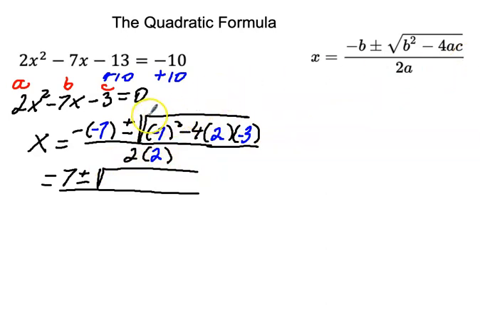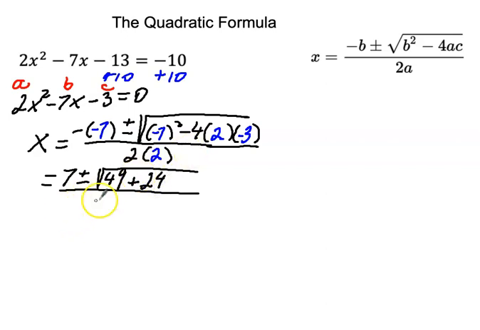Sometimes students just write the square root over here in this section, but then don't write it over here. So the whole discriminant is under the square root. Negative 7 squared is 49, and we have negative 4 times 2 times negative 3. Negative times negative is positive, and 2 times 3 is 6, times 4 is 24.